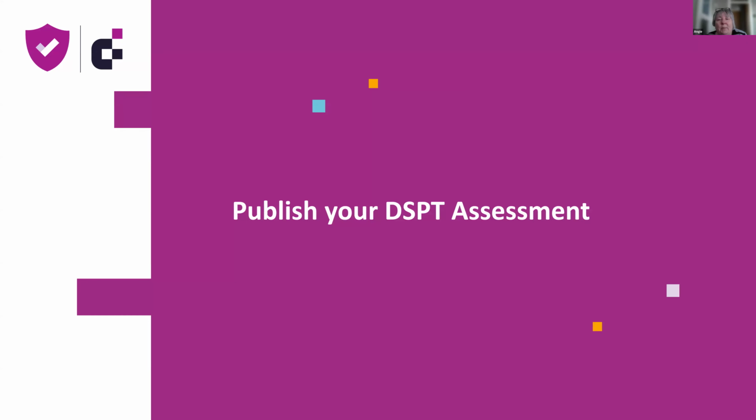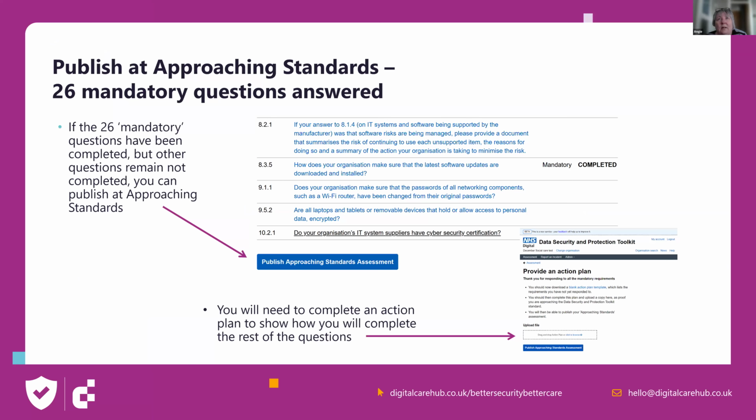So now we're going to look at publishing your DSPT assessment. If you are publishing to approaching standards, that would mean you've completed the answers to the 26 mandatory questions. Once you've done that and get to the bottom, you'll see publish approaching standards assessment, and you would click on this blue box here.